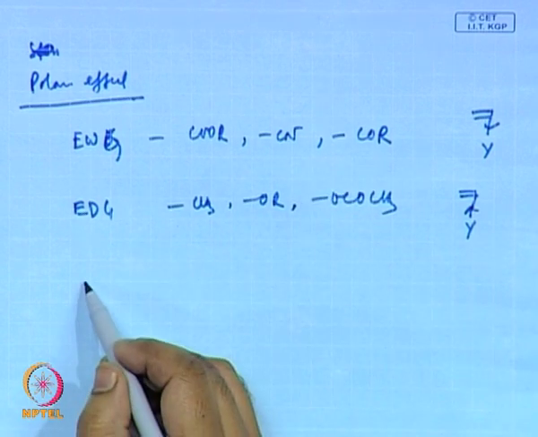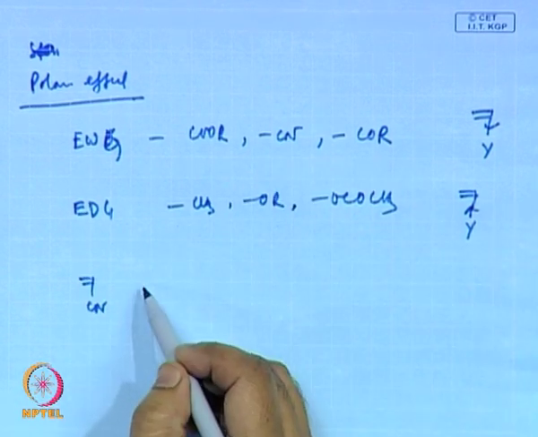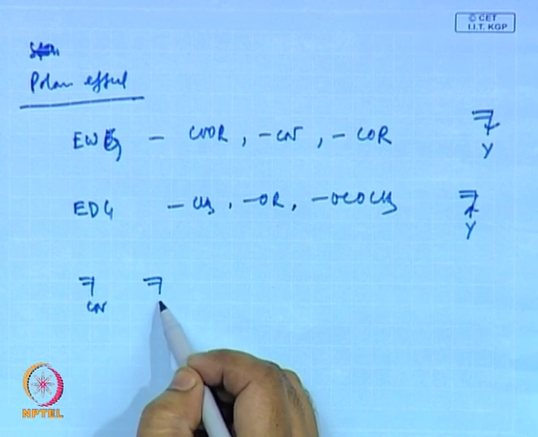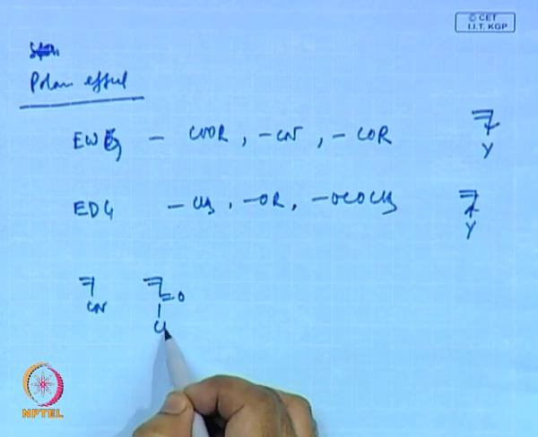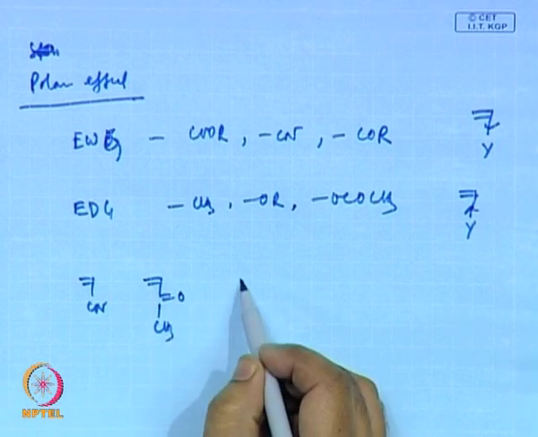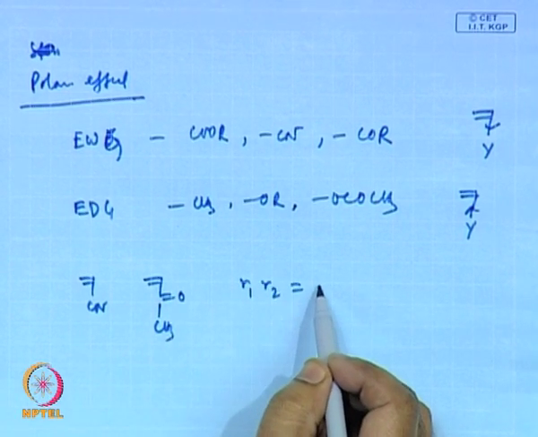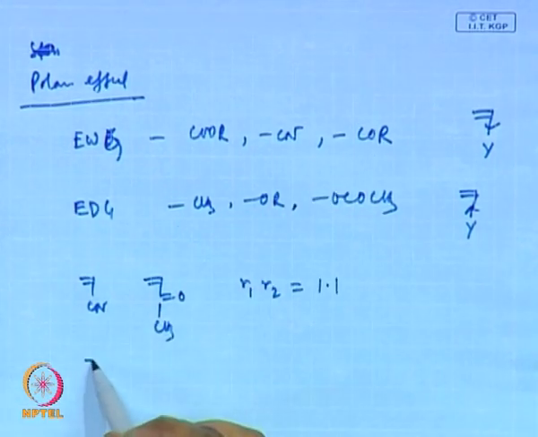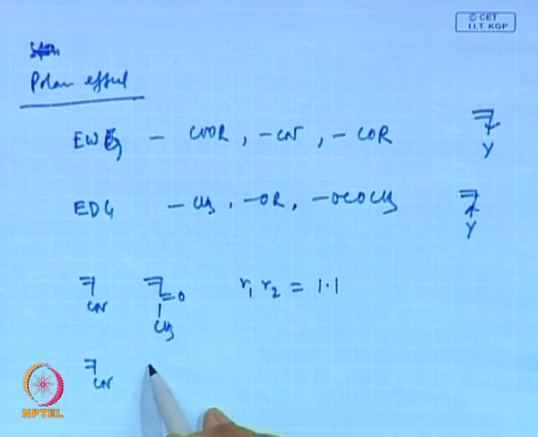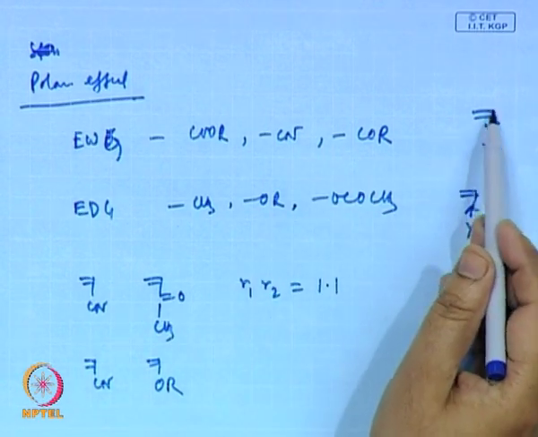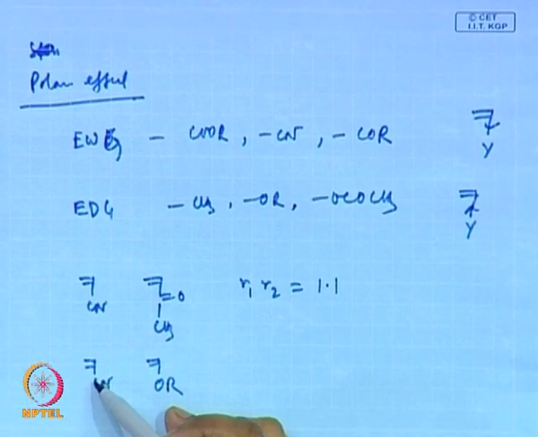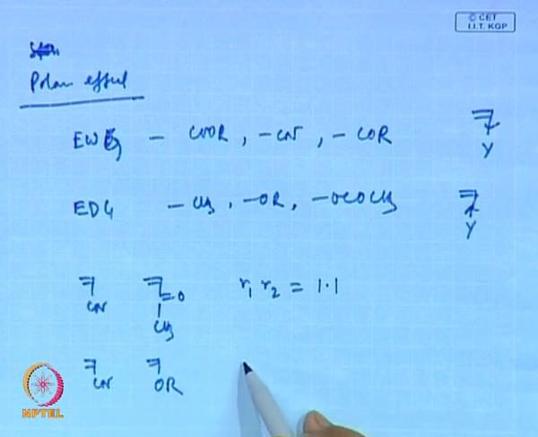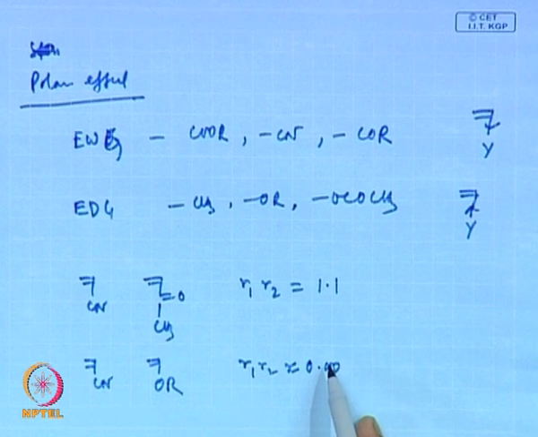So, if I compare acrylonitrile and say methyl phenyl ketone, then they will have almost ideal copolymerization, and if you take two different groups where this is electron deficient and this is electron rich, then they will tend to form alternating copolymers.